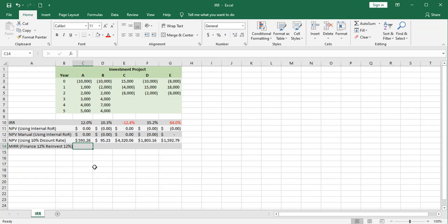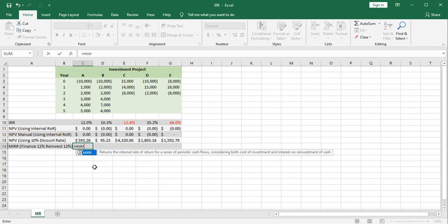And the thing that's nice about modified internal rate of return is that it returns the internal rate of return for a series of periodic cash flows, considering both the cost of the investment and the interest on reinvestment of cash. So you can enter in a separate rate for your borrowing and your reinvestment.